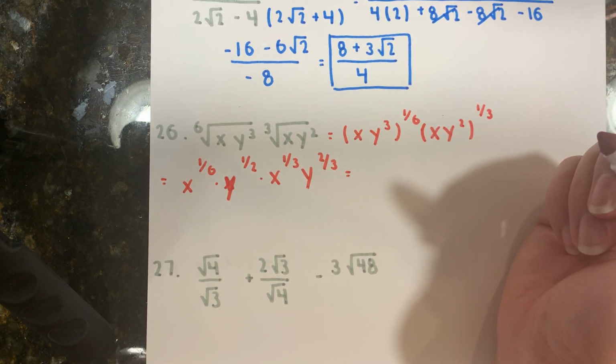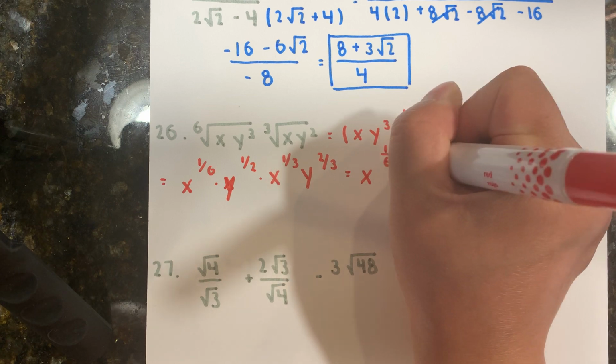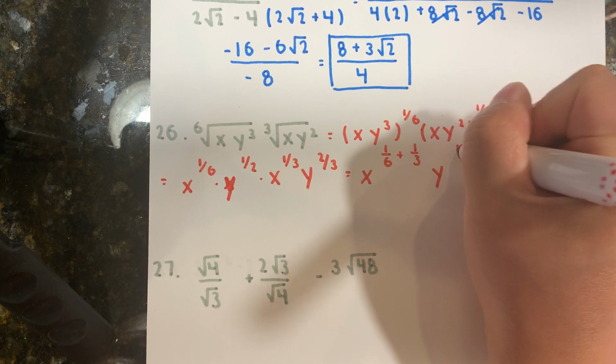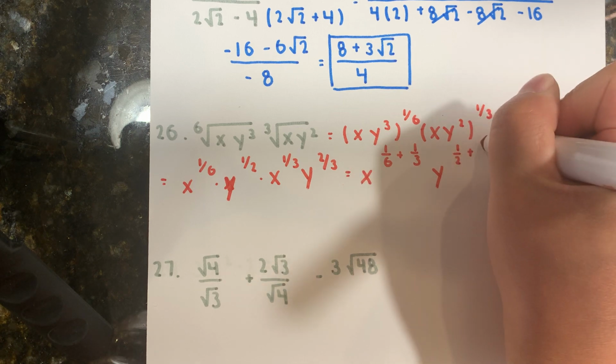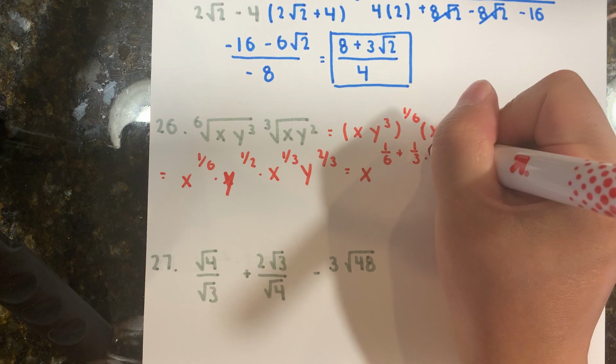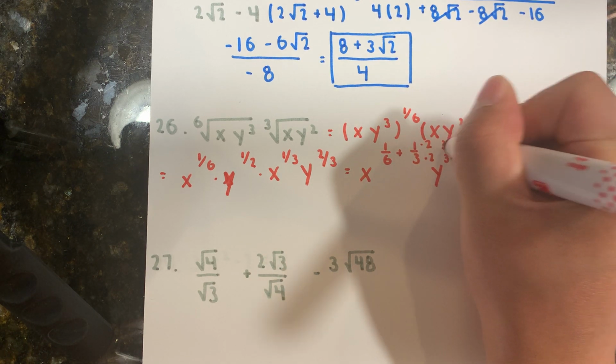So now I have to add the x's and the y's. So x would be to the 1/6 plus 1/3, and then y would be to the 1/2 plus 2/3. Common denominator would be 6 on the first one and 6 on the second one.